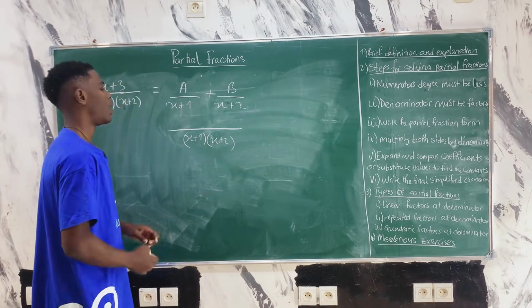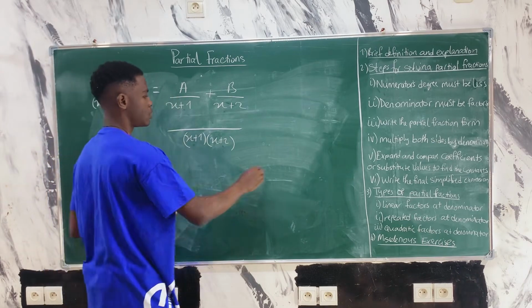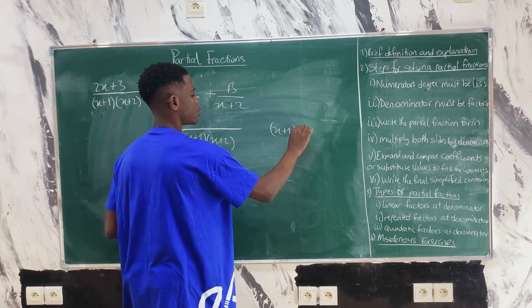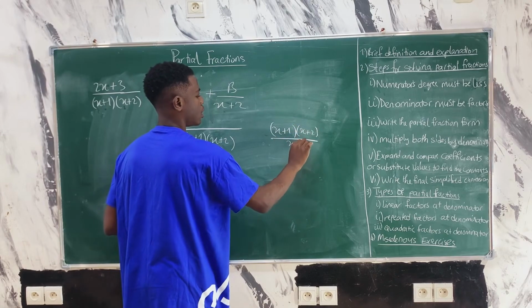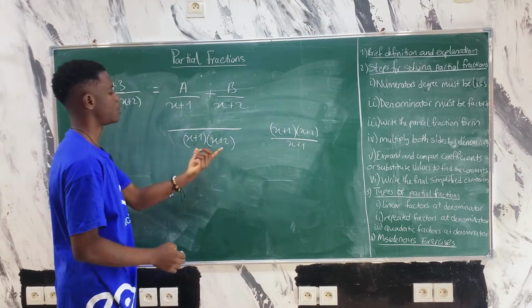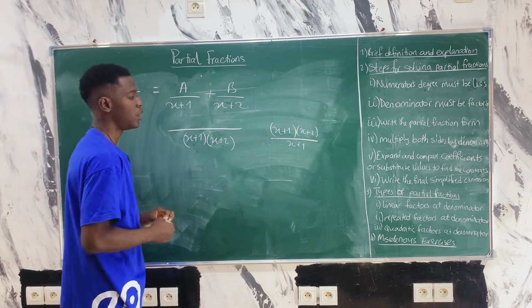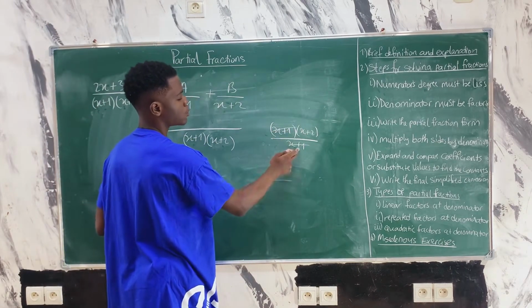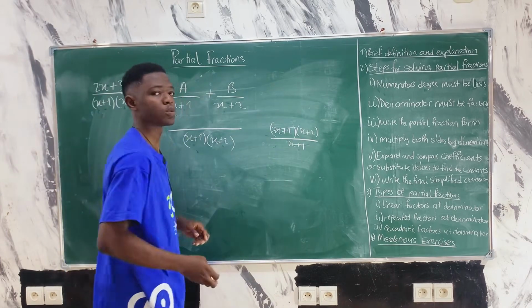So I do this divided by this to find the first multiple of a. So I have x plus 1 into x plus 2 divided by x plus 1. I multiply by a to have the first value here. So when I divide, x plus 1 and x plus 1 cancel, and I'm left with x plus 2.